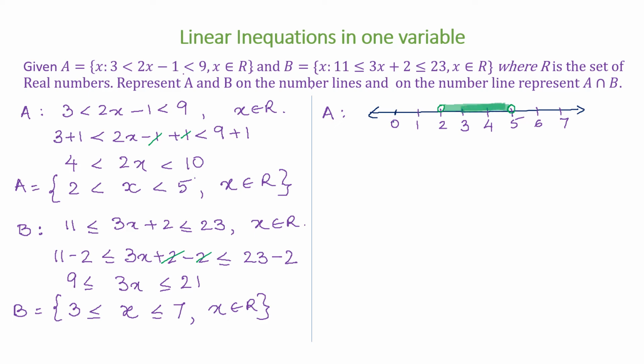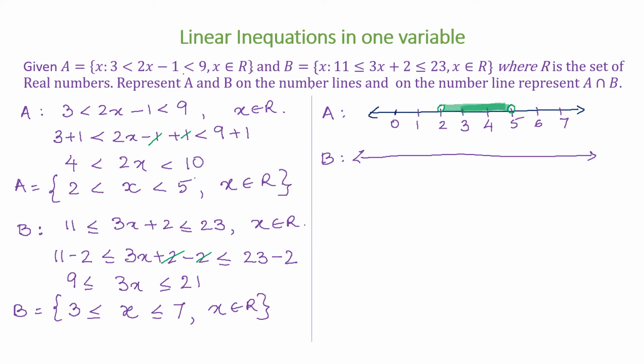Okay. Then comes B, so I will write down set B is equal to, and I'm drawing the line over here. This is from 3 to 7.